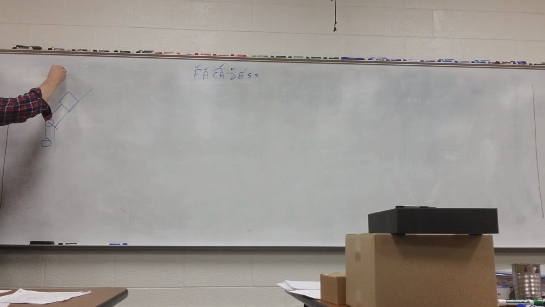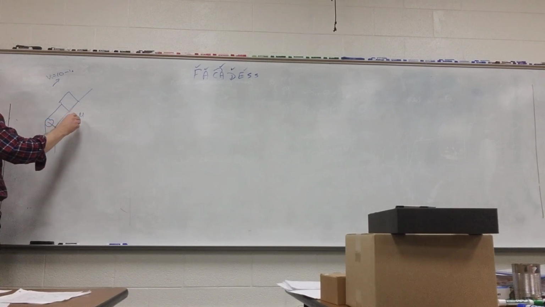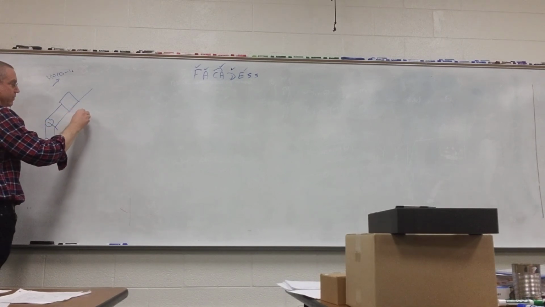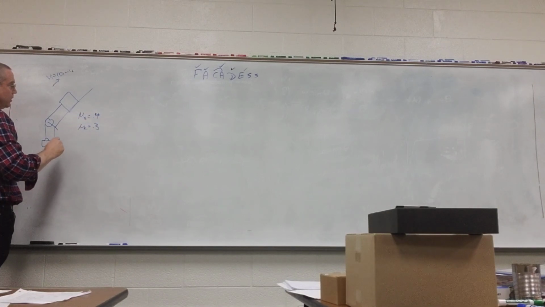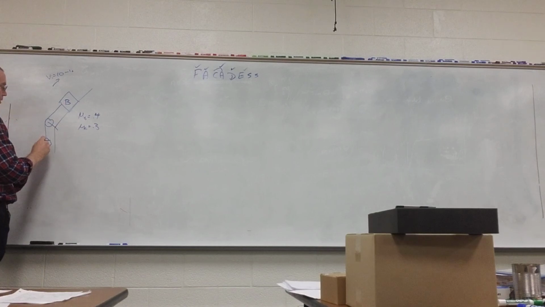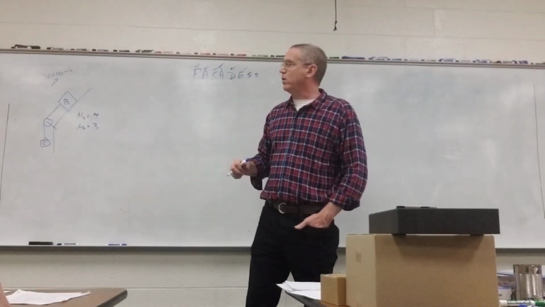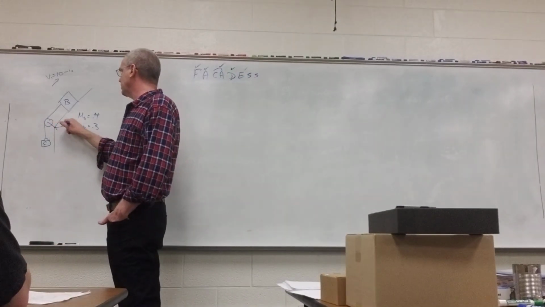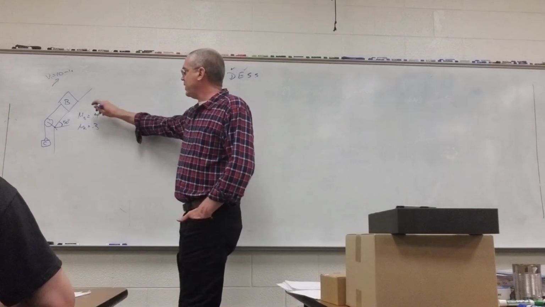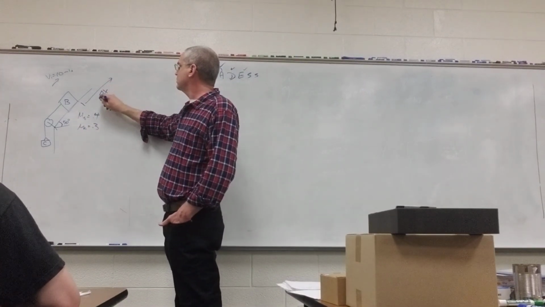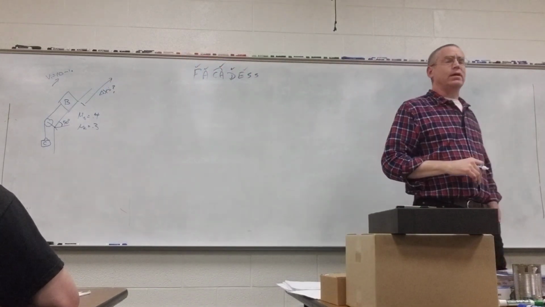The initial velocity is 10 meters per second up the ramp. Coefficient of static friction is 0.4, coefficient of kinetic friction is 0.3, for the book and cup. So the question is, how far up the ramp will the book slide? Oh, I need to give an angle here. Let's make this 50 degrees. How far up the ramp will the book slide? And will the book slide back down?